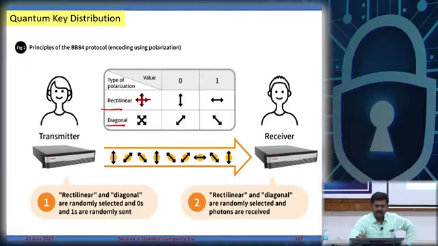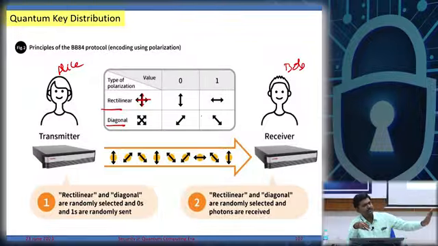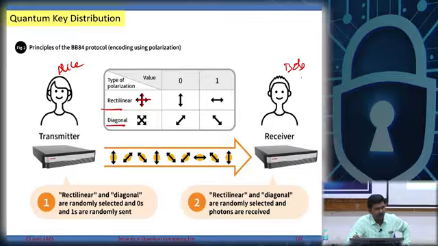So when Alice is using, this is Alice and Bob. When Alice wants to send 1, she can send 1 either using the horizontal vertical basis or the diagonal basis. Similarly, Alice can send 0 either using horizontal vertical, that means rectilinear, or diagonal. Which one she chooses is her choice. Now the light goes, and when Bob receives, Bob has to capture it.